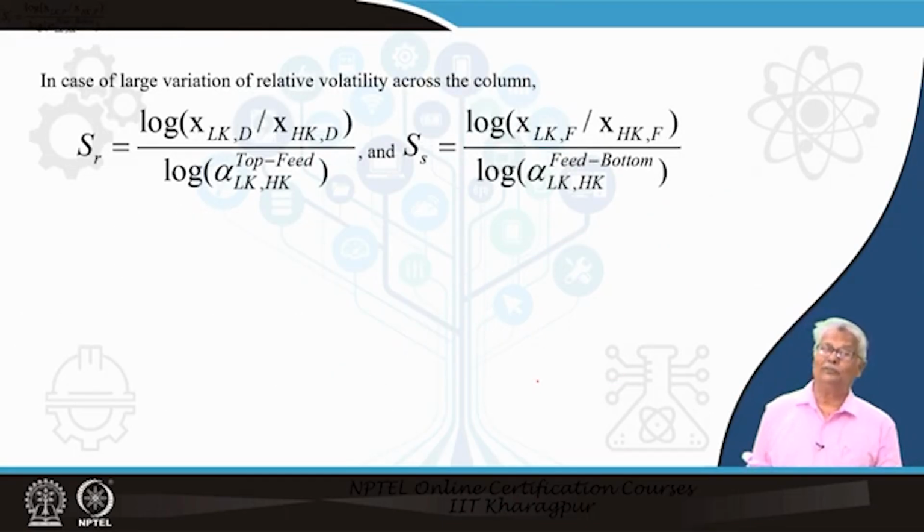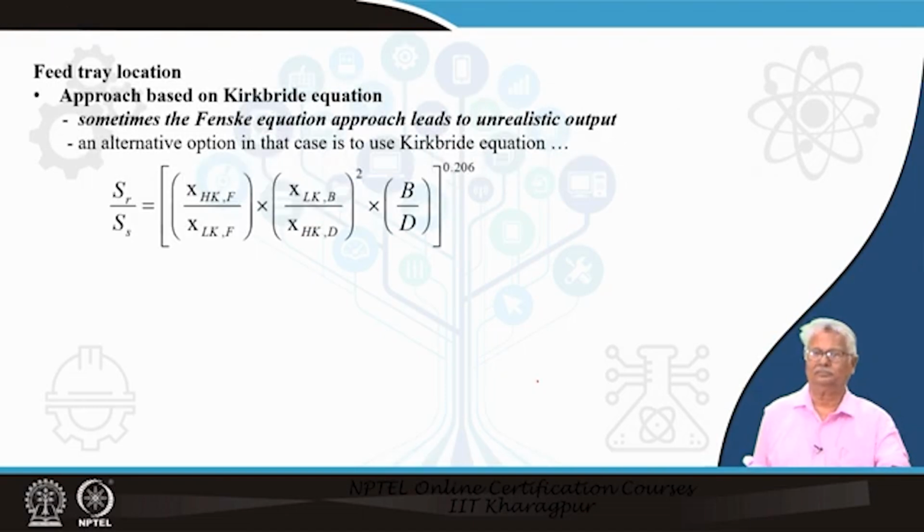In case we have a large variation of relative volatility across the column, we do not have the previous expression, we have a modified expression which looks like this. Sometimes the approach based on the Fenske equation does not give us the desired realistic result.